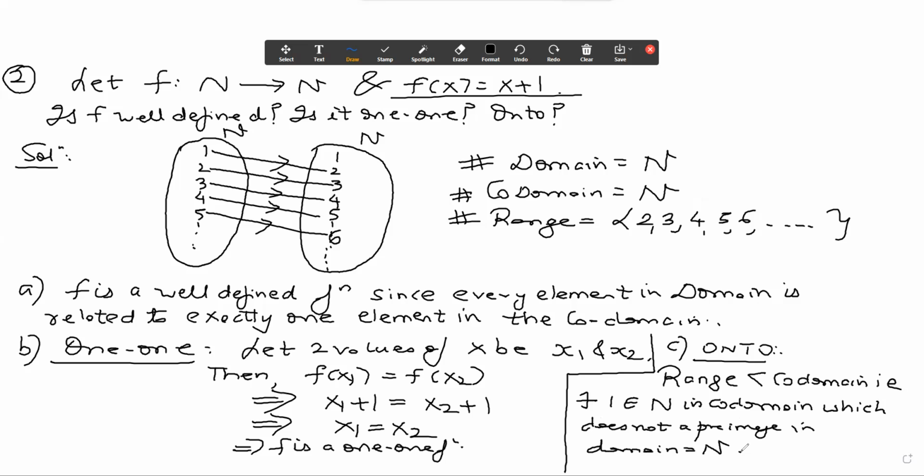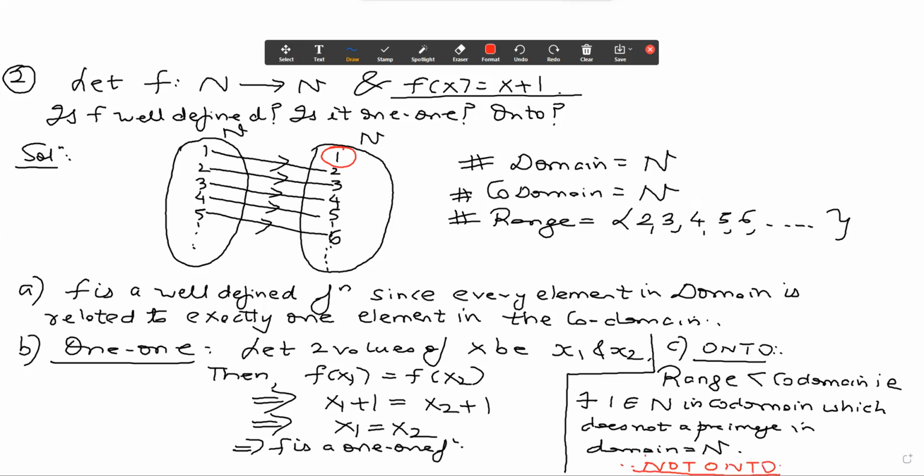You can see that 1 is not receiving any arrow. That means range is not equal to codomain. That means the function is not onto.